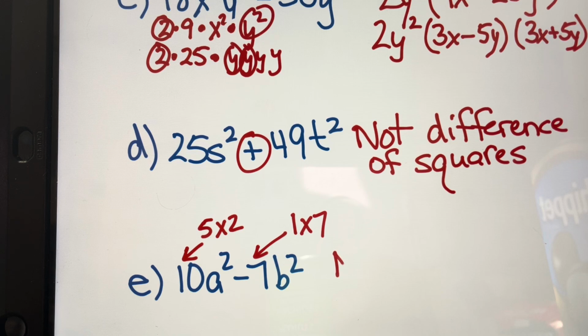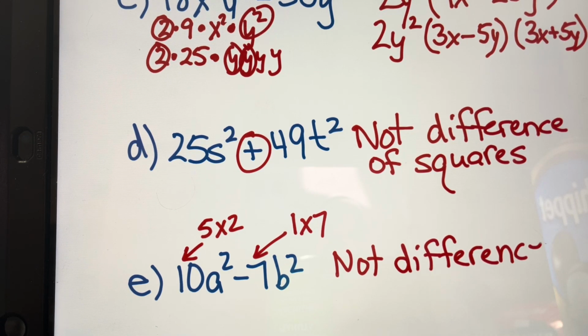So this is also not difference of squares, because we don't see perfect squares or hidden perfect squares if we were to factor out GCF first. So we don't have a way of factoring this in our bag of tricks just yet.